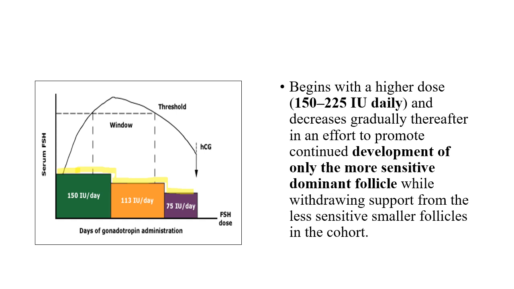So we'll start with the high dose, that is 150 to 225 international units of gonadotropin, and then we'll gradually decrease it. This will only promote the development of the more sensitive dominant follicle, thus inhibiting the less sensitive follicles and leading to recruitment of a single follicle.